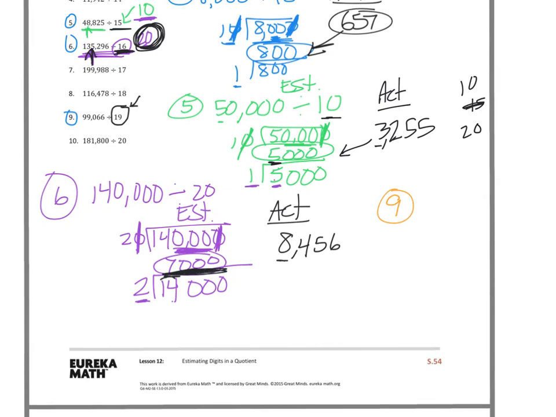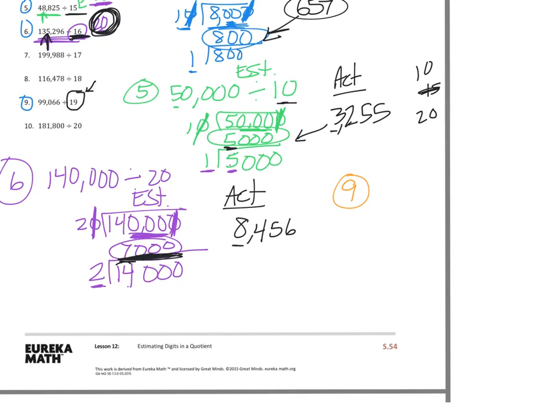And we have 99,066 divided by 19. Well, what I'm going to do with that 99,000 is I'm going to round that up. Because I have a 9 right here, it's very close to going up, so I round up, that 9 turns to a 10, so I'm really at about 100,000. And I'm going to divide it by 19, which is very close to 20.